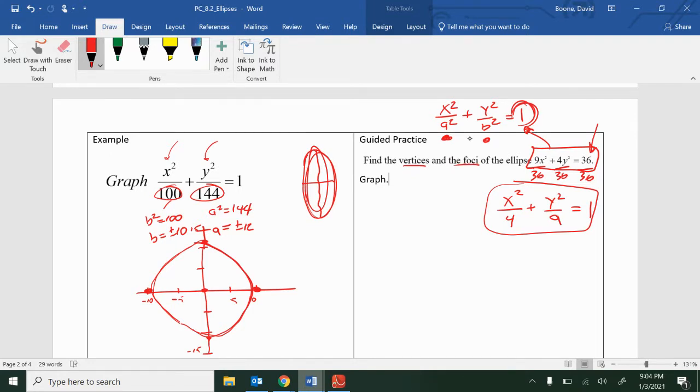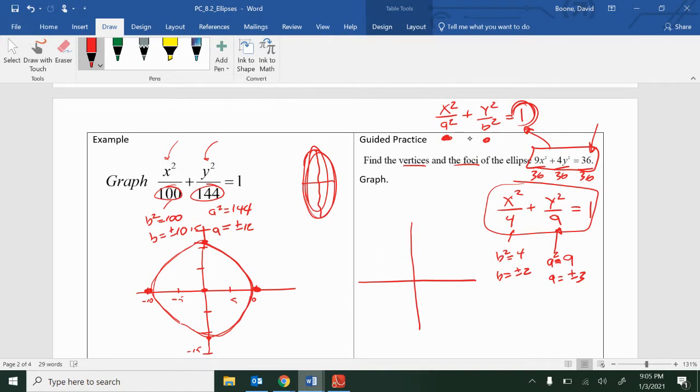So now look at this. The y value, the one underneath the y, has the bigger value, so that's my a. So my a squared is 9, which gives me my a as plus or minus 3. Here, then, this is the smaller one. That's the b squared, so that's 4. So b is then plus or minus 2. There's no adjustments to the x and the y, so I know I'm centered at 0, 0.